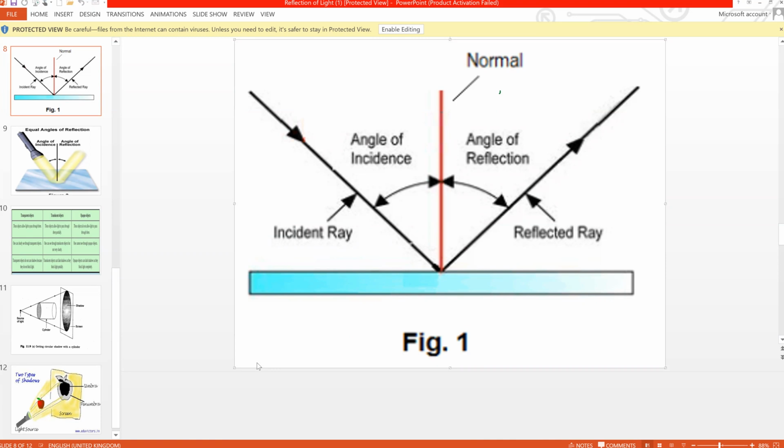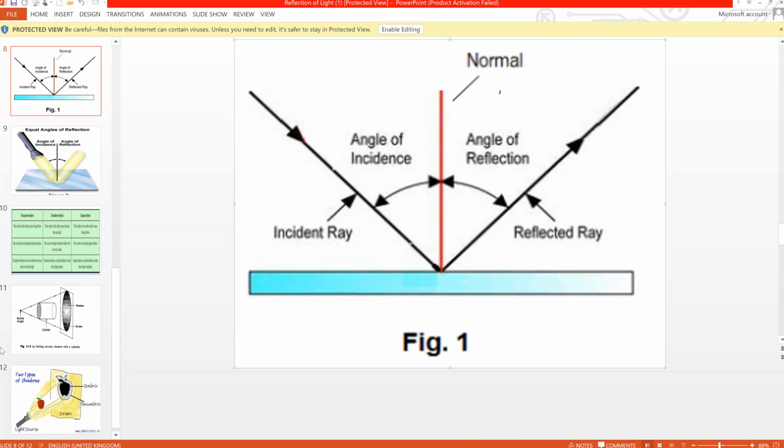The example I have shown is a regular reflection, because here you can see the reflected parallel beam is very much the same as the incident ray. There is no confusion in it.